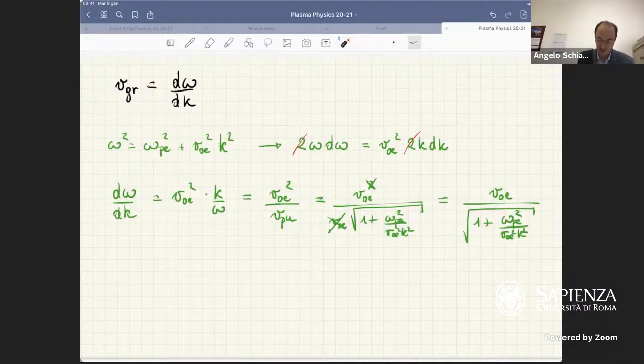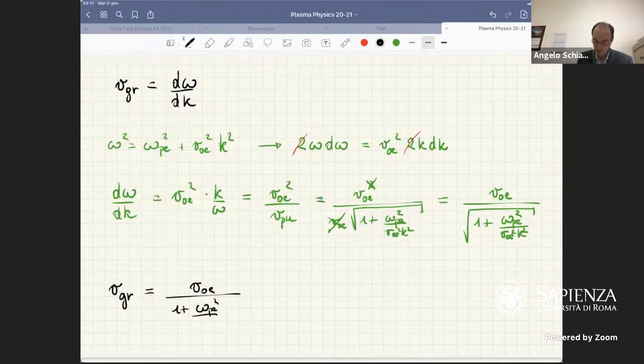So we can summarize our group velocity here, which is V0e over the square root of 1 plus omega p squared over V0e squared k squared. I just copied the last line.